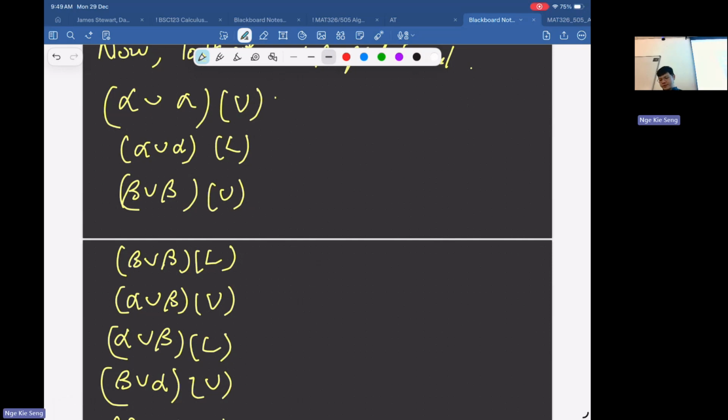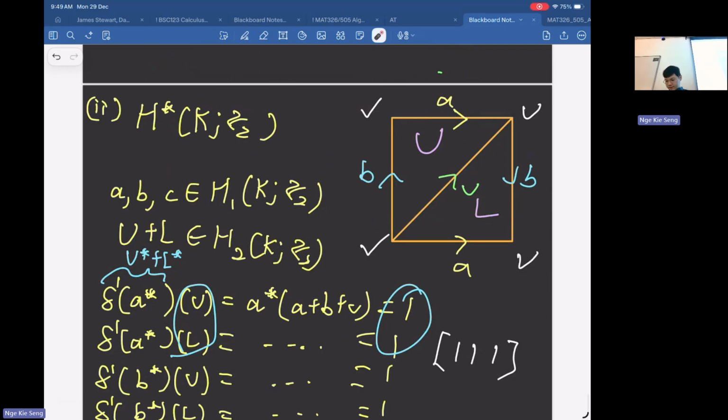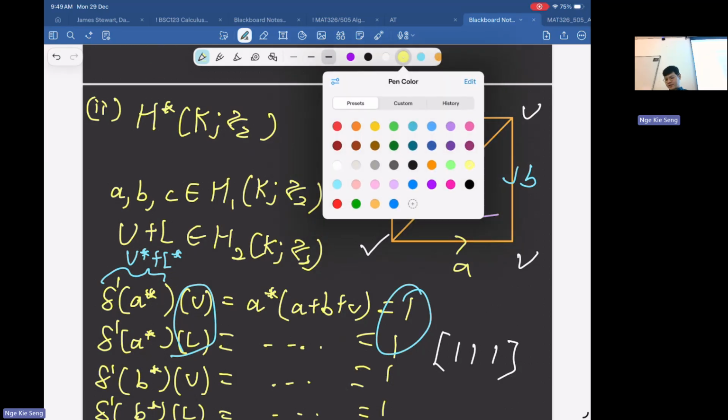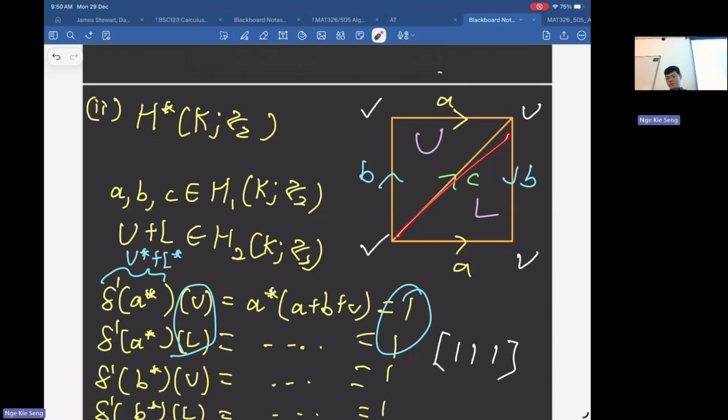Okay, U splits into what line and what line? The first line is B, the second line is A. And then L, the first line is C, and then the second line is B. So remember this: CB and then BA.